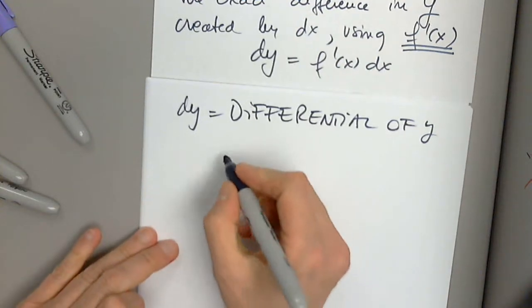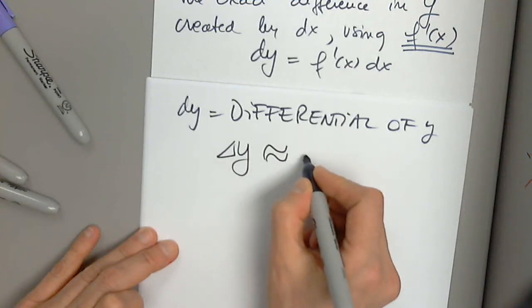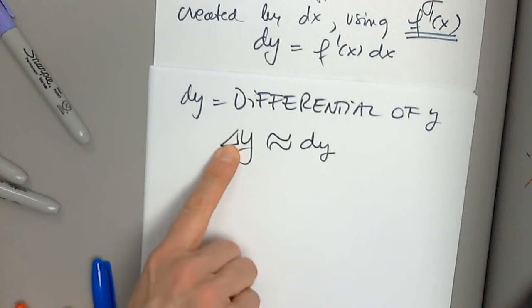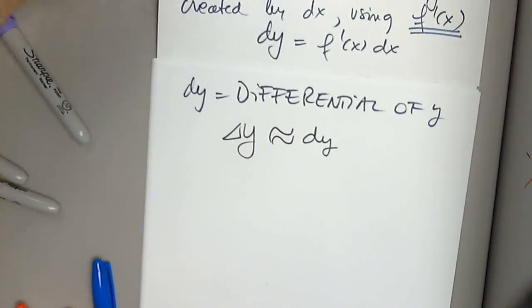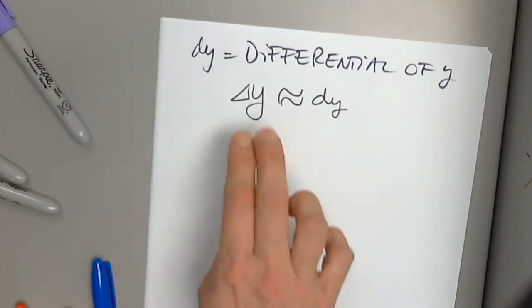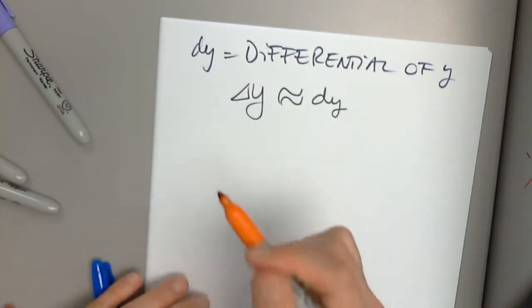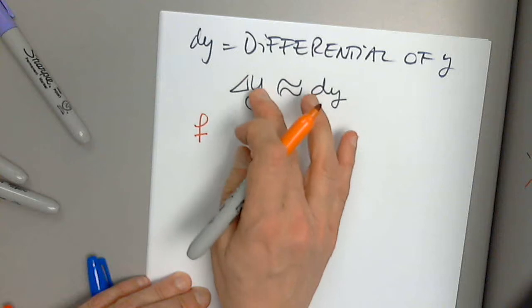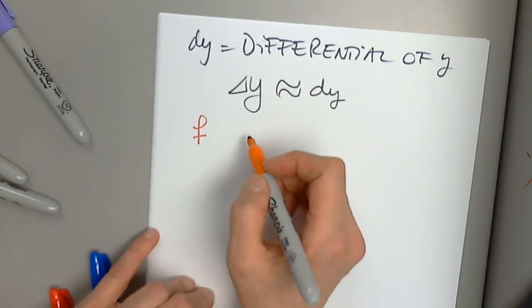So coming back, delta y is approximately dy. Can anyone refresh our memory what I should write on the left-hand side of this relationship? What is this equal to? Yes, the exact change, but what is it in mathematical terms?